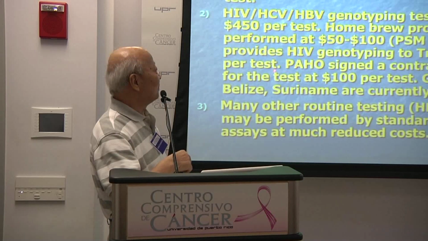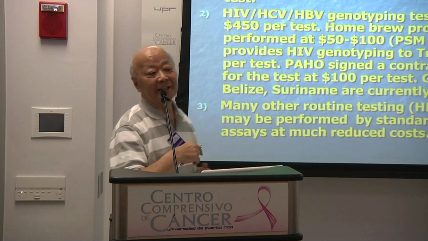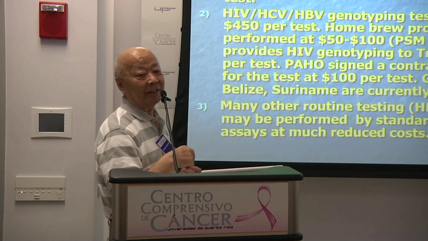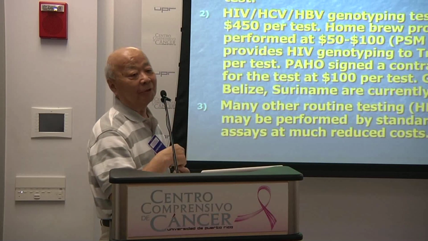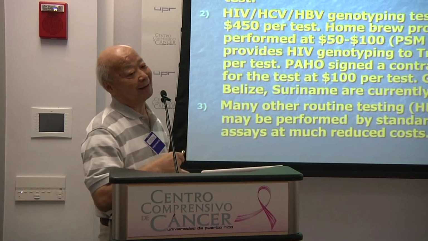For example, in 2009, the Pan American Health Organization signed a contract with us to provide clinical genotyping. They pay $100.